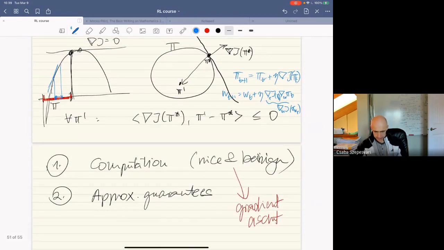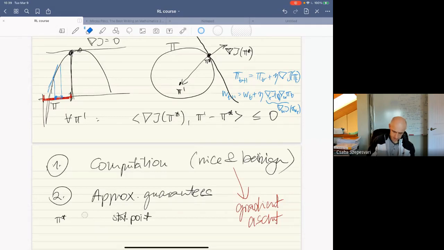All right, so that's the first type of questions, and the second type of questions is, okay, we do all of these calculations for what? At the end of the day, we want to have some guarantees. So it would be nice to say something like, if pi star is a global stationary point, or a stationary point, like it's where gradient descent is going to find, global or not, it finds a stationary point.